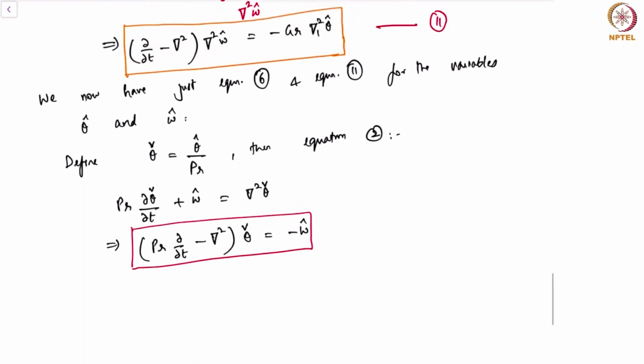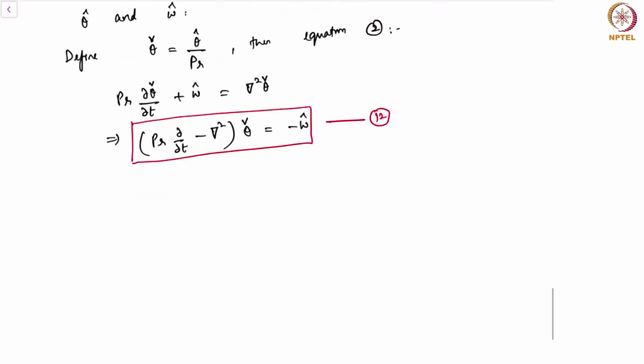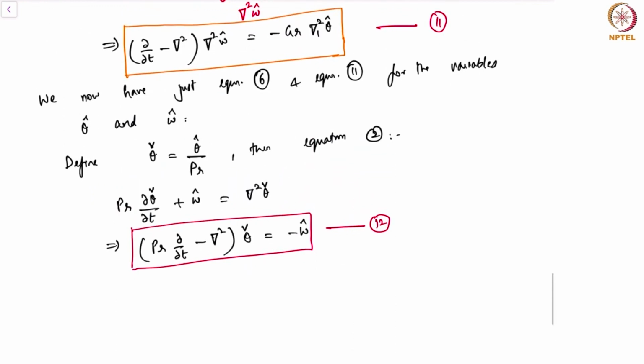We'll give this a label. We'll call this equation 12. And if we do the same thing, I have theta hat there. Theta hat essentially becomes theta inverted by Prandtl number.